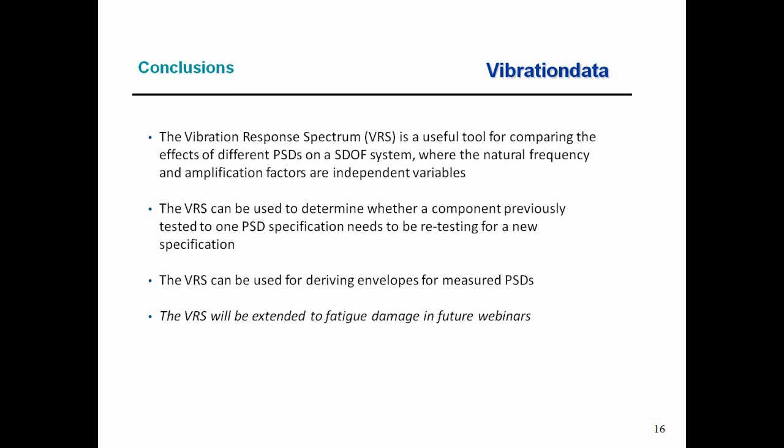The VRS can also be used to determine whether a component which was previously tested to one PSD specification needs to be retested for a new specification. The VRS can also be used for deriving envelopes for measured PSDs from flight data or field data.